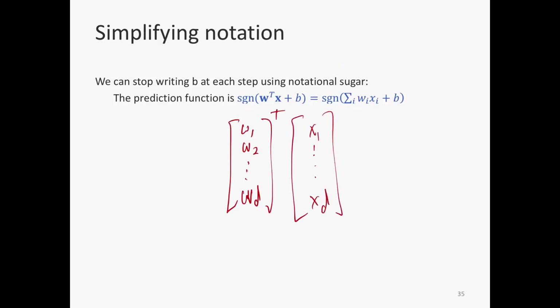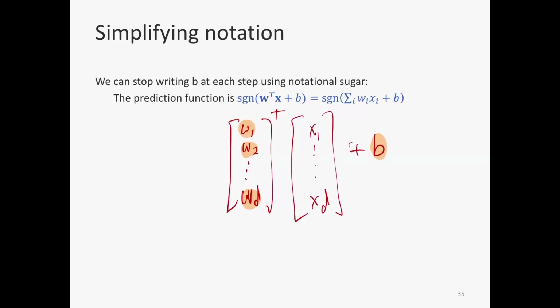I hope that you know how dot products work. You're taking a dot product between these 2 vectors, plus b. Now, the parameters that we want to learn are these w's and this b. So if I have a d-dimensional linear classifier, I'm learning d plus 1 parameters, right? The d weights and the 1 bias.